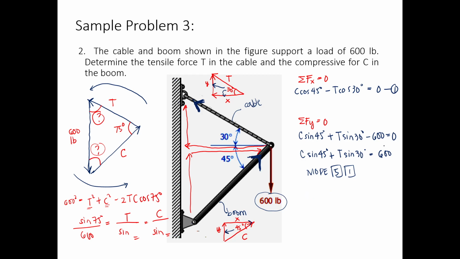Take note that it follows the format: in equations 1 and 2, the first term is always the compression, C here and C here, the second term is the T, then on the other side of the equal sign are the constants.